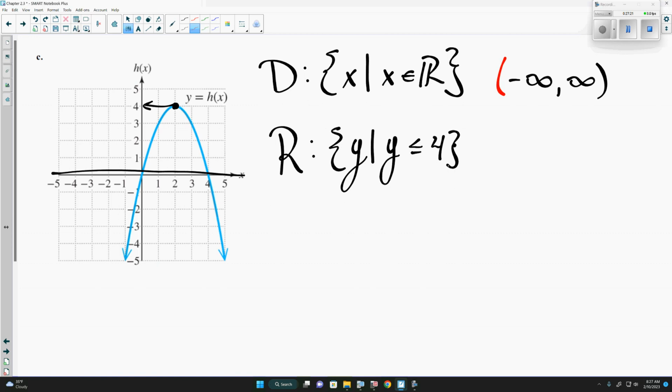Even though we don't specifically have a shaded in dot at the y value of 4, it's still included. So we have our less than or equal to. Well, our first number here is going to be what? -infinity, because it is all the values from 4 and down, so the smallest number we can have for this is -infinity. The biggest number we can have is 4, and it's a bracket.